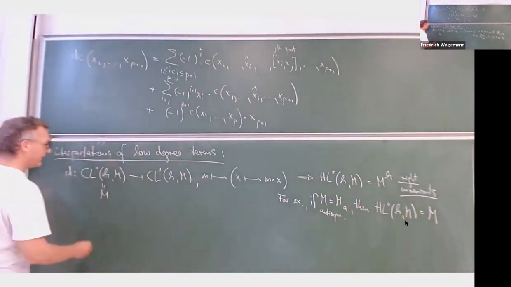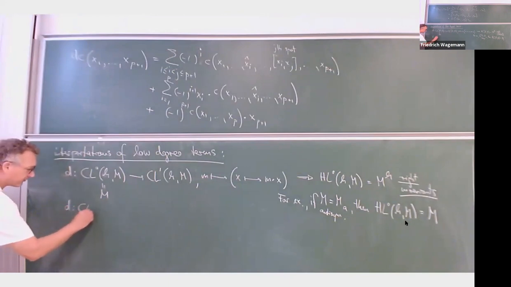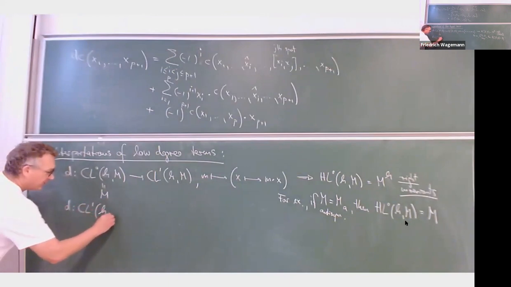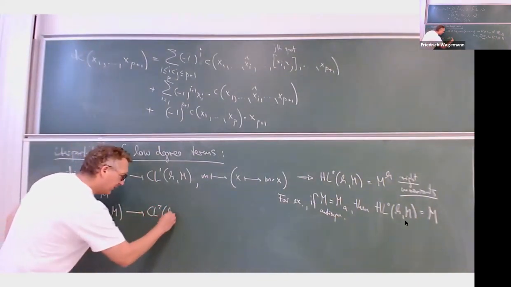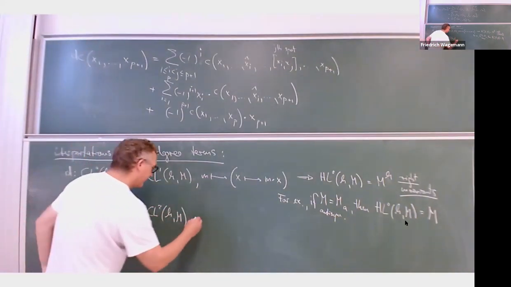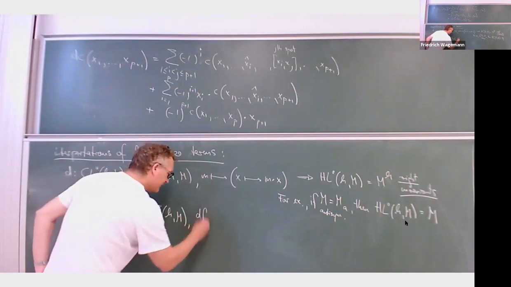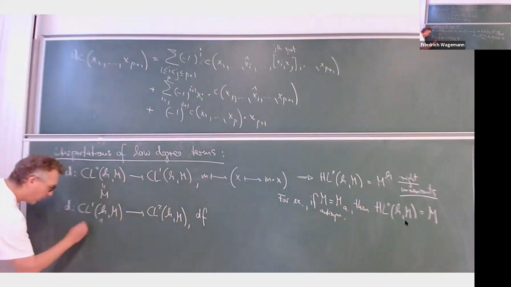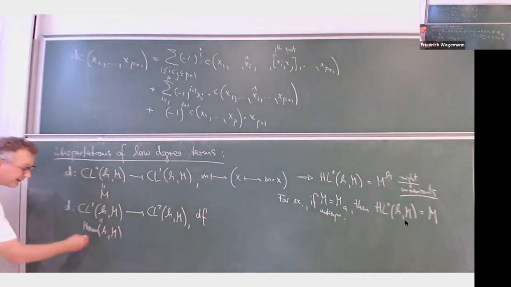So, this is one thing. And for example, now let us write also the co-boundary operator from CL1 to CL2. So now, df, let's take, this is on HM, exactly like in Lie algebra theory.